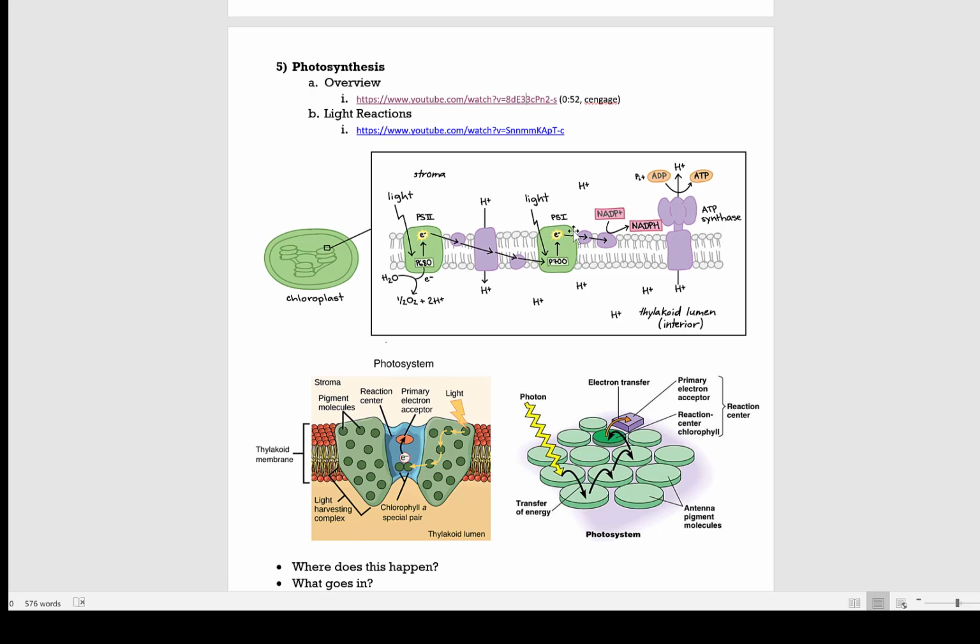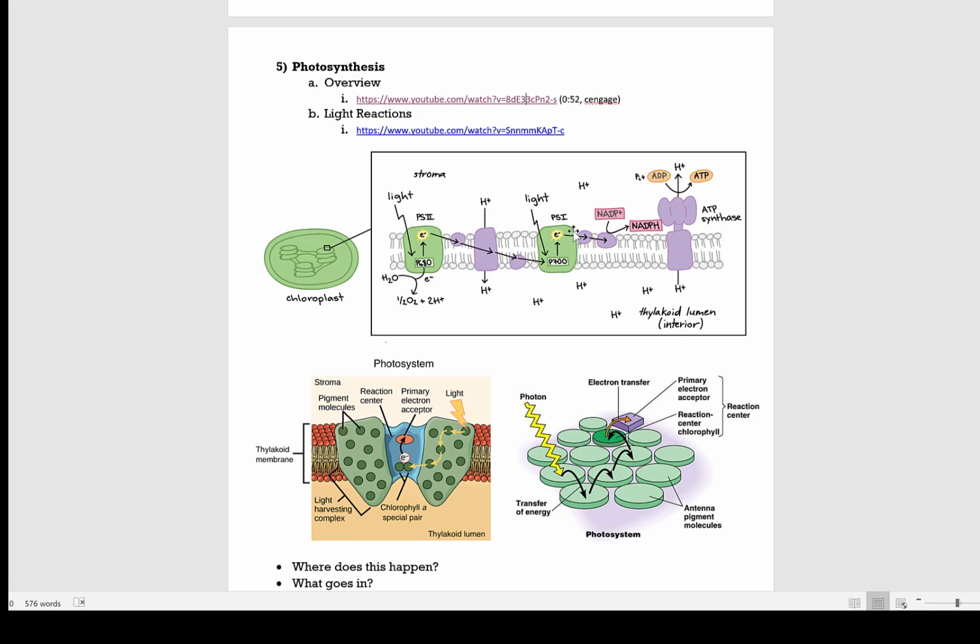A way to tell the difference between photosystem 2 and photosystem 1 in the laboratory is that the chlorophyll molecule in photosystem 2 absorbs greatest at 680 nanometers, so it's called P680.